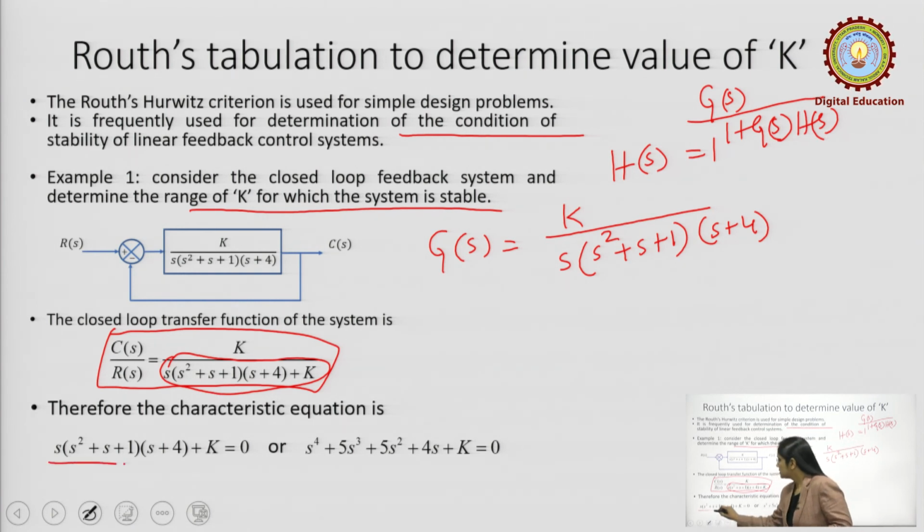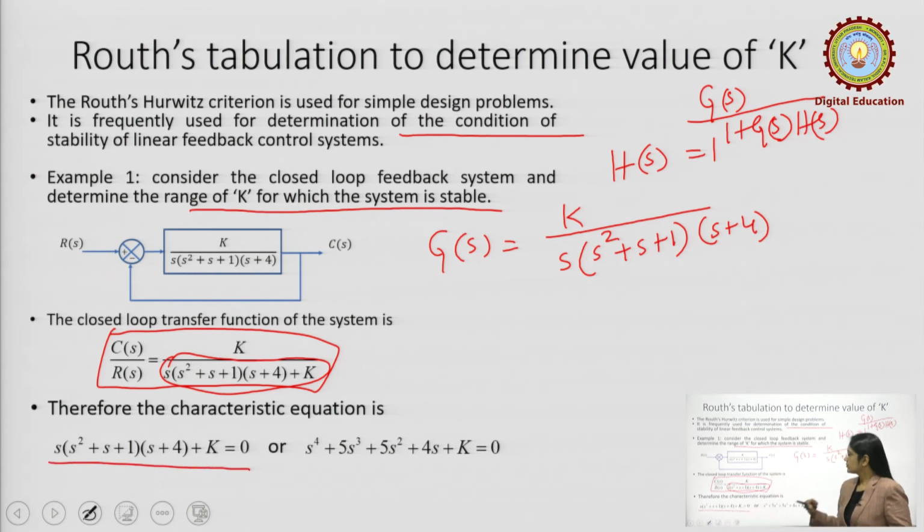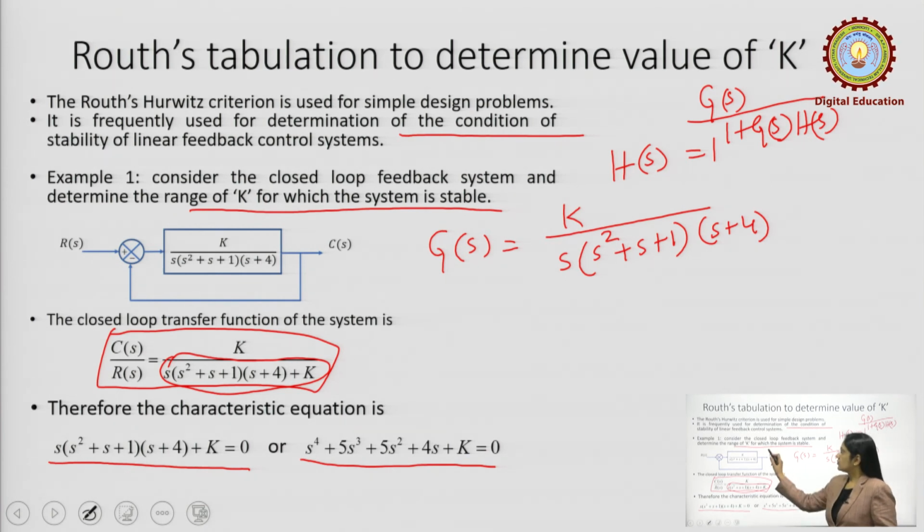Opening the brackets, we get s raised to 4 plus 5 s cube plus 5 s square plus 4 s plus k. So, for this particular given closed loop feedback system, we get the characteristic equation.